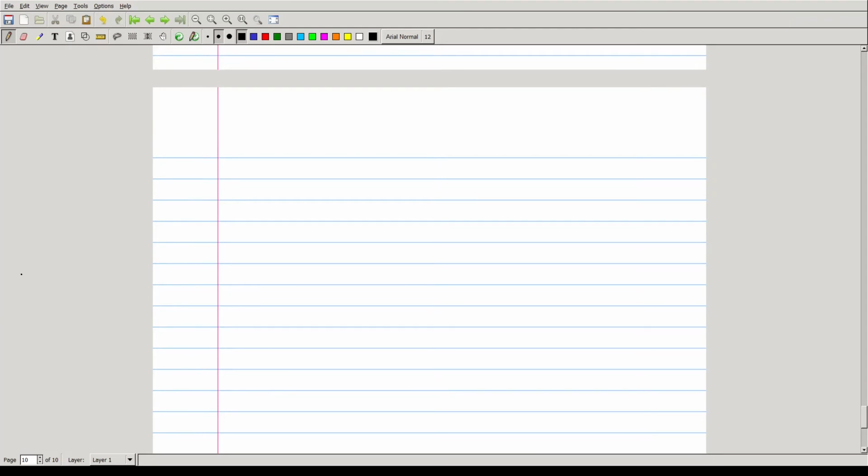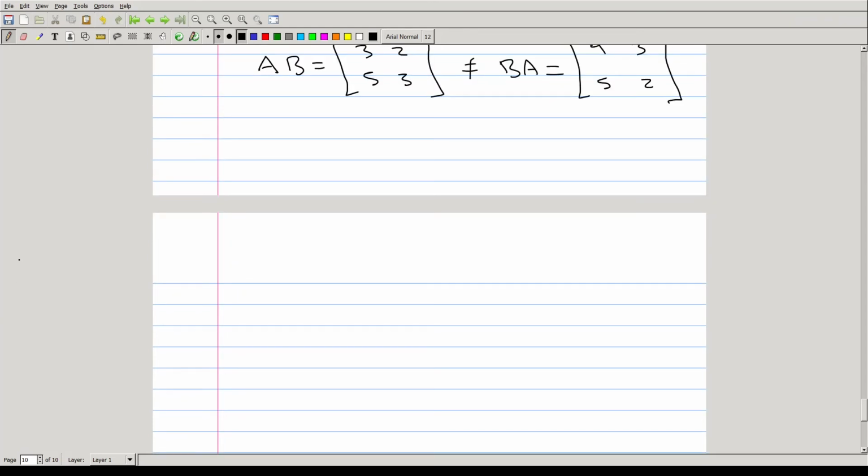So we have one more matrix operation that we can define. It's going to be really important. This is the transpose.